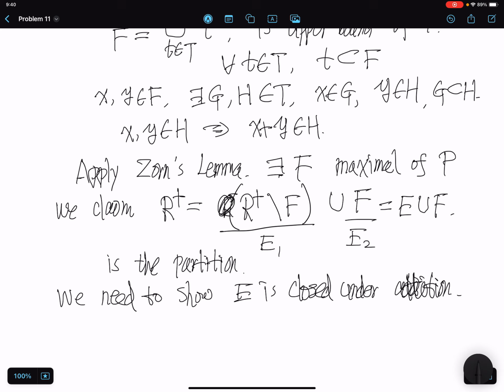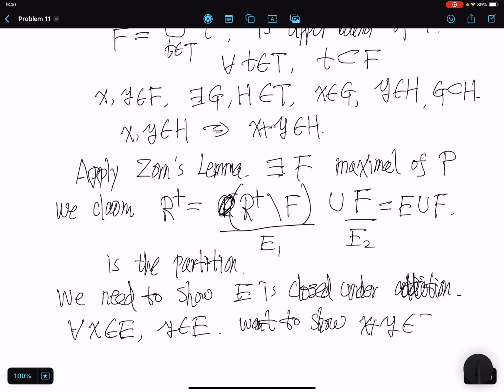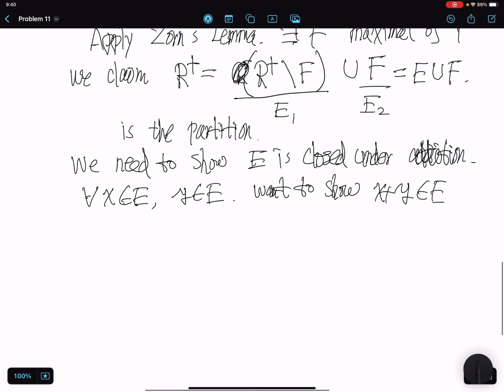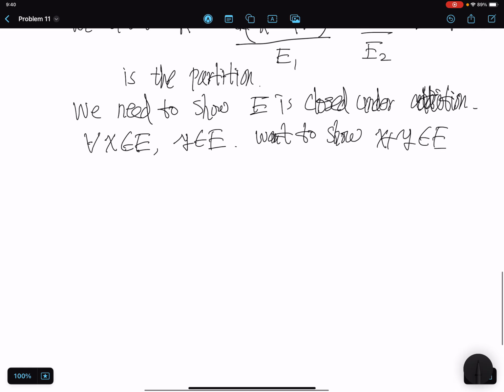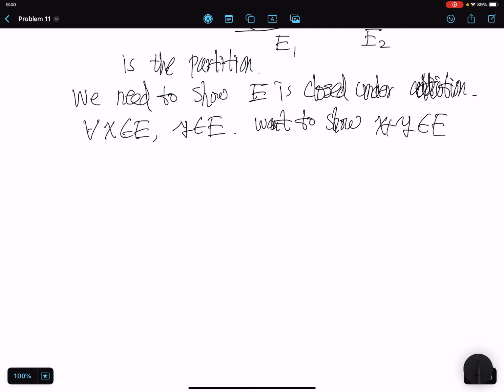So let's pick X in E and Y in E. We want to show X plus Y is also in E, then we're done. We're breaking into several cases.